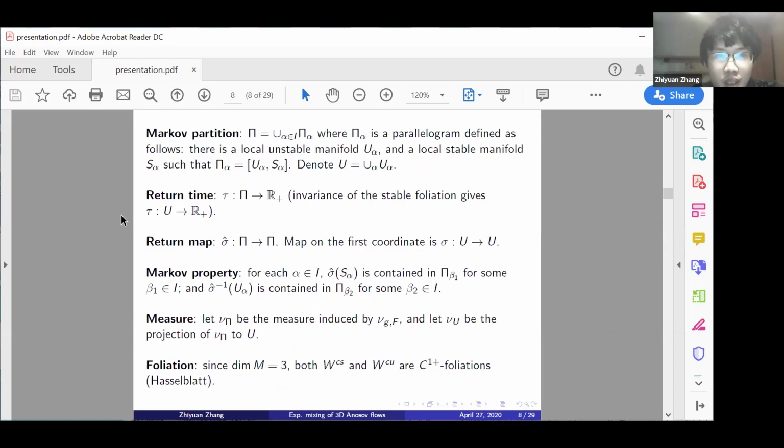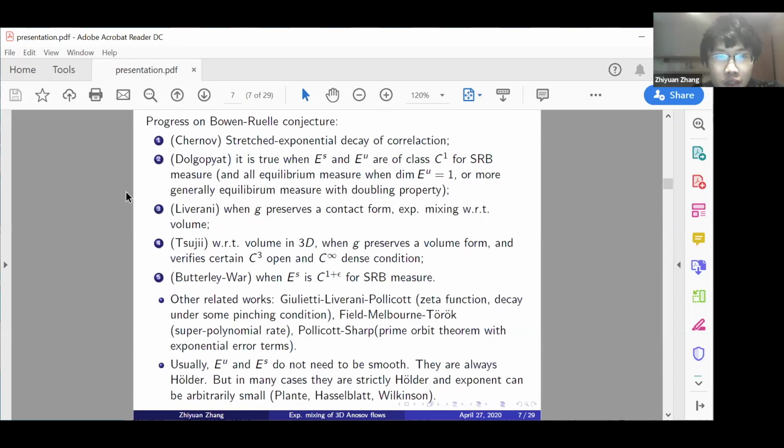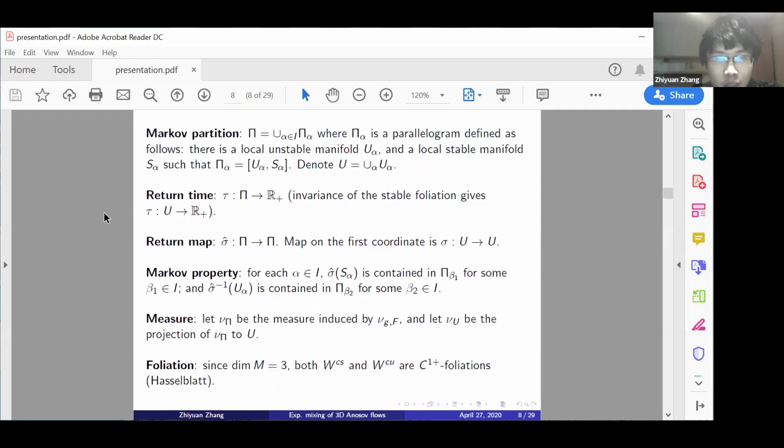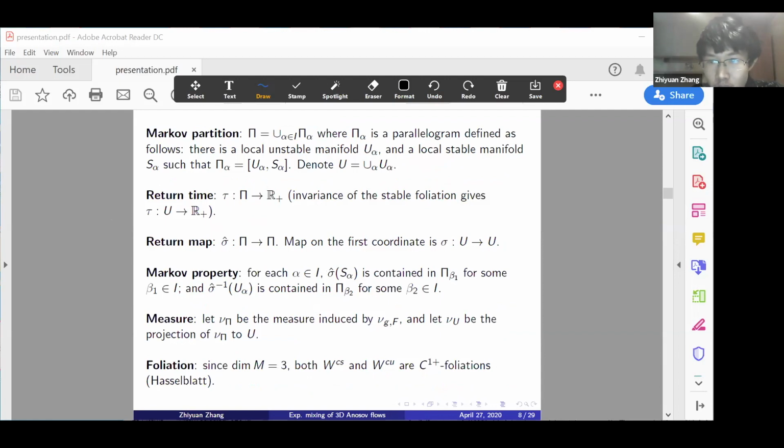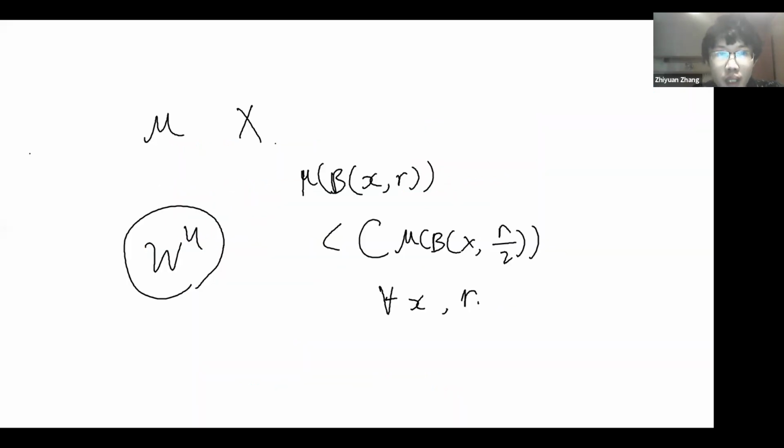Right. And our strategy follows closely Dolgopiad's method. So we'll consider a Markov partition. Maybe I say a little bit about what a Markov partition is. On a manifold, you consider several rectangles formed in this way. You consider a small local unstable manifold.